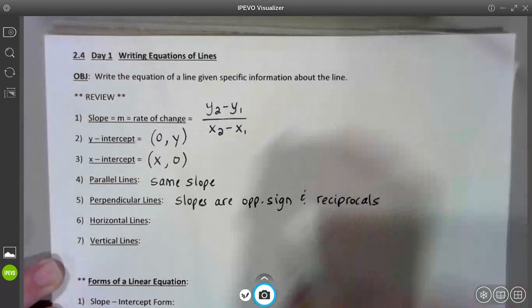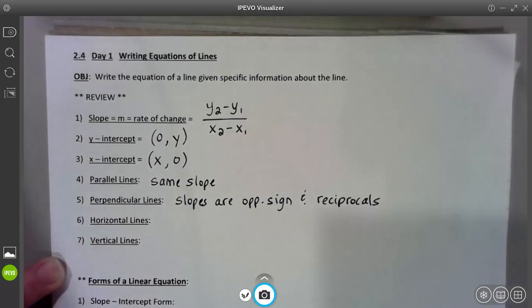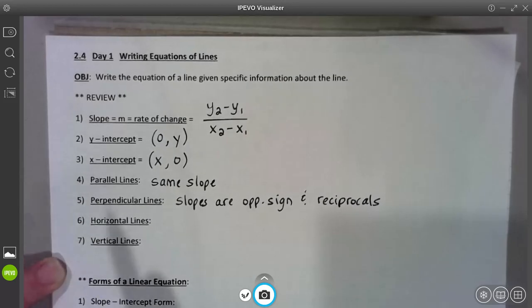So again, you're going to want to remember these types of things so that when they say our line has to be perpendicular to another line, we know that our slope has to be the opposite and the reciprocal of that line's slope. You have to remember the clues they are trying to give you by telling you that your line is perpendicular to another line.